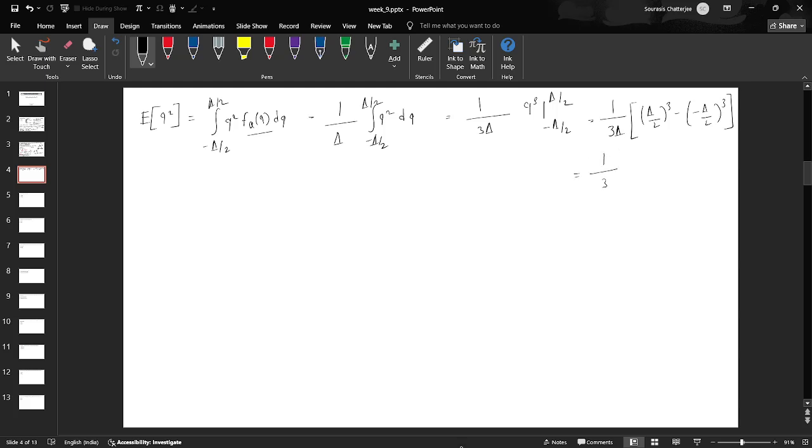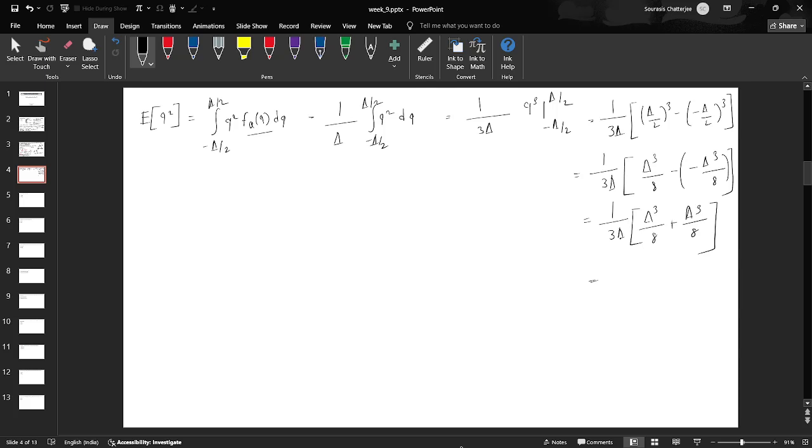It will come out to be 1 over 3 delta, delta cube over 8 minus of this, so the minus will remain, delta cube over 8, or 1 over 3 delta, cube over 8 plus delta cube over 8. Sum them up, it comes out to be delta cube over 4.